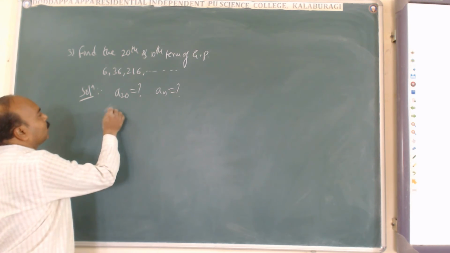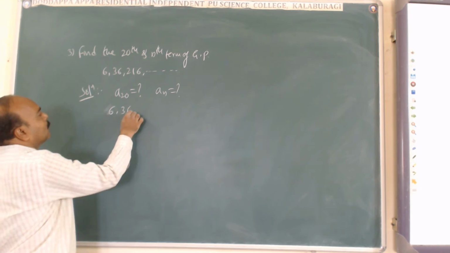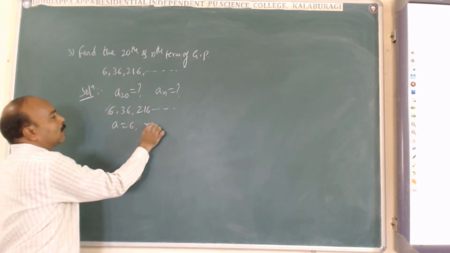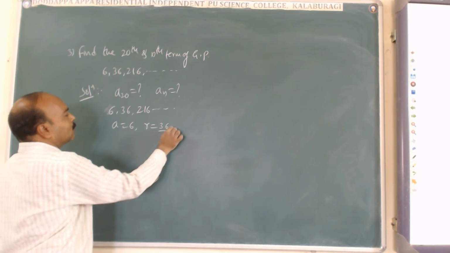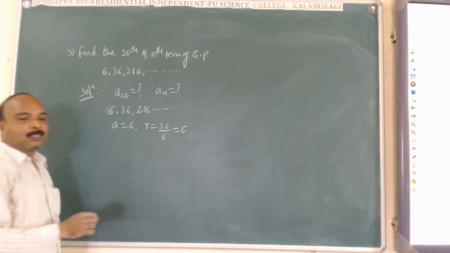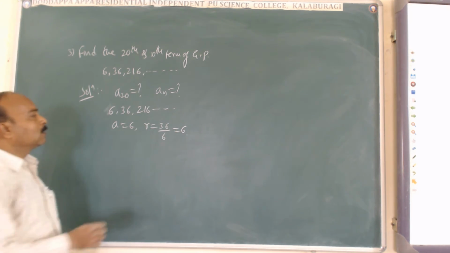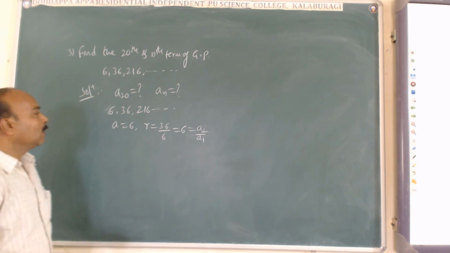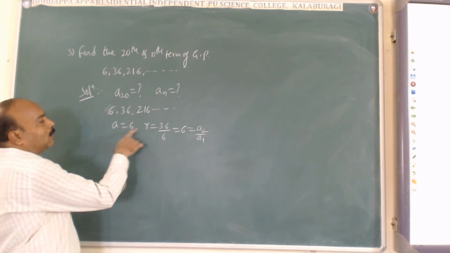So for that, first we write the given sequence. Here a value is 6, r value is 36 by 6, it is 6. Therefore the common ratio is 6. It is nothing but a2 by a1. Now a value got, r value got.